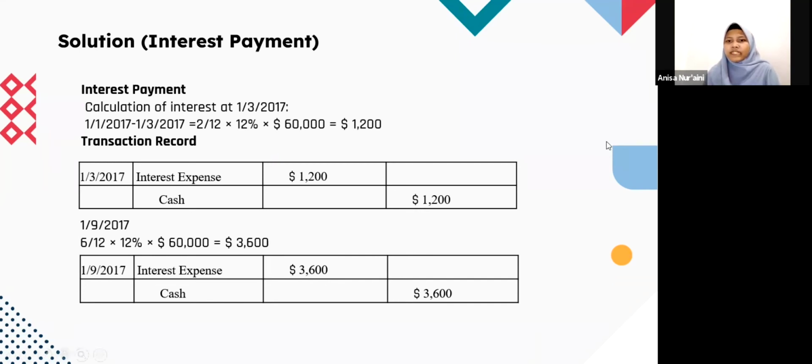The journal of this transaction is interest expense on debit and cash on credit for 1,200. On the 1st of September 2017, the interest expense is 3,600, with journal entries interest expense on debit and cash on credit for 3,600.